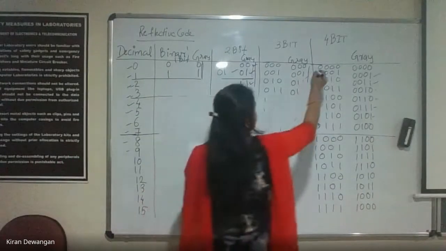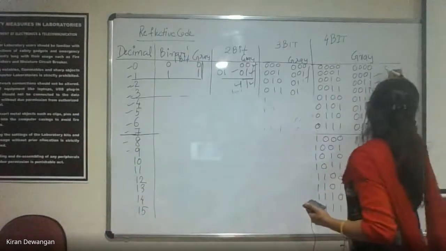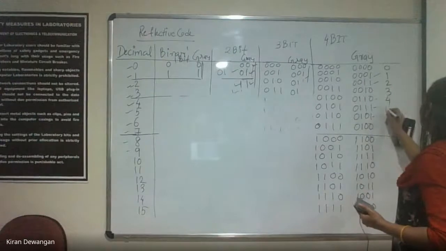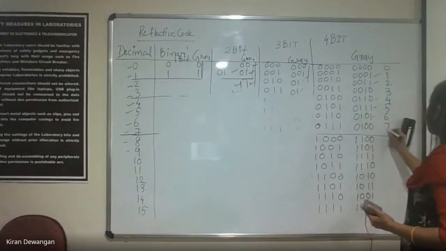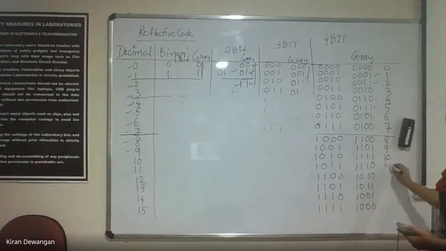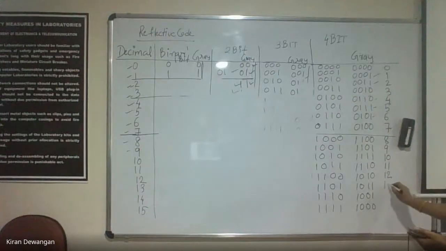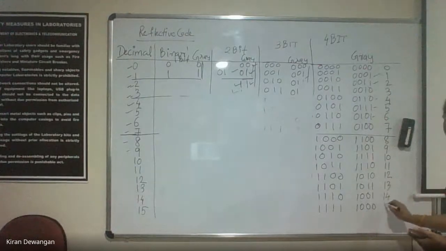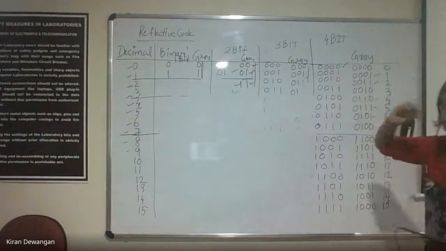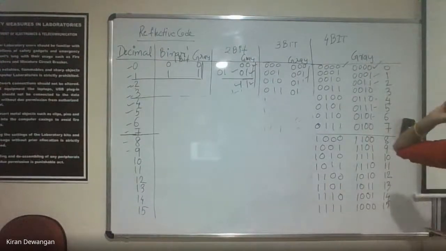This is binary for 0, 1, 2, 3, 4, 5, 6, 7, and 8, 9, 10, 11, 12, 13, 14 and 15. These are the decimal numbers, the binary of it is this, and this is the gray code of it.